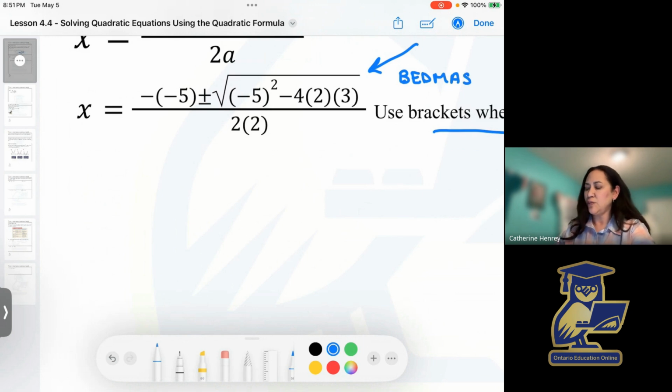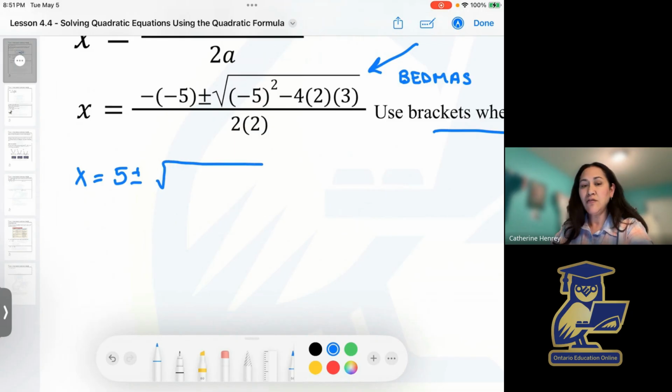So there we go, and we'll start with the simplification of this. x equals negative negative 5, which gives me a positive 5, plus or minus the square root of negative 5 squared, which is 25. Then we have negative 4 times 2 times 3, which is 24, so we have minus 24, all over 2 times 2, which is 4.